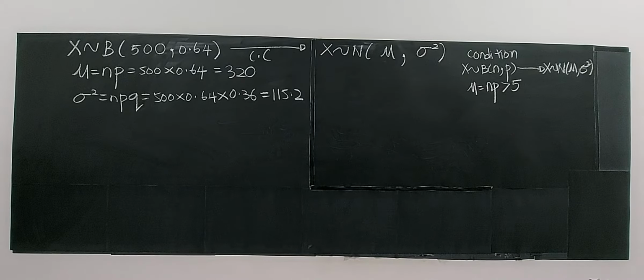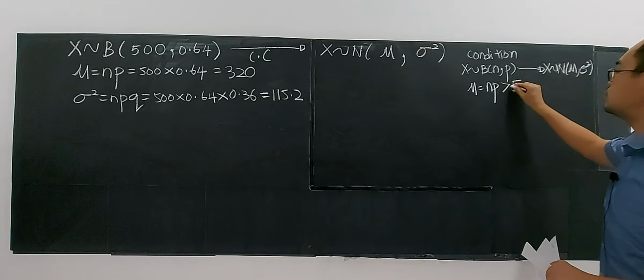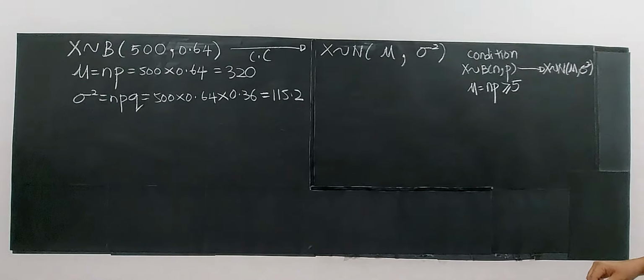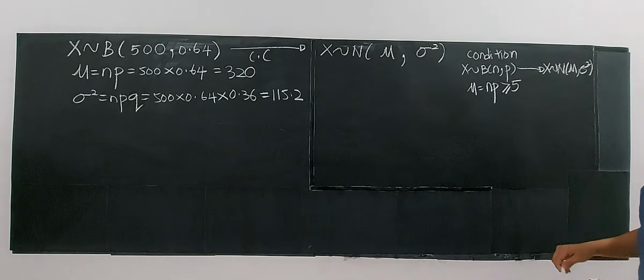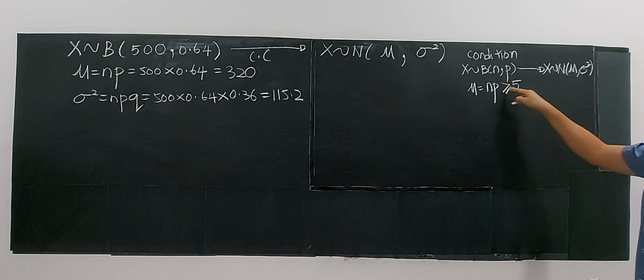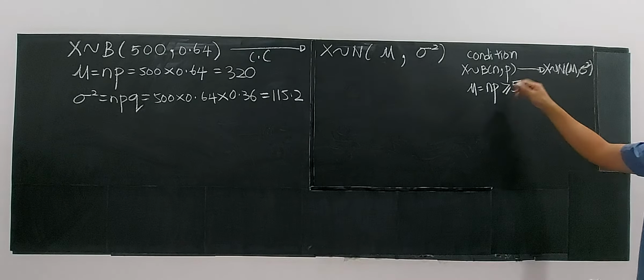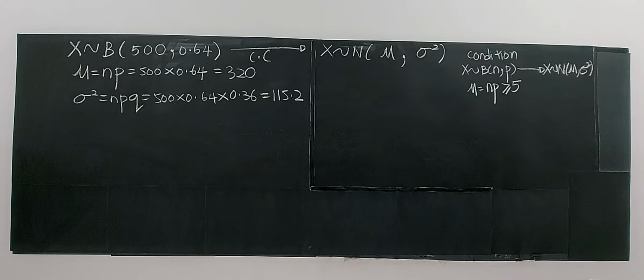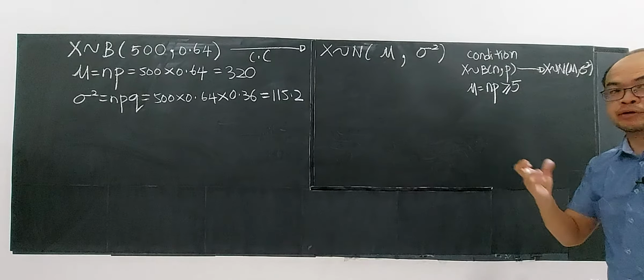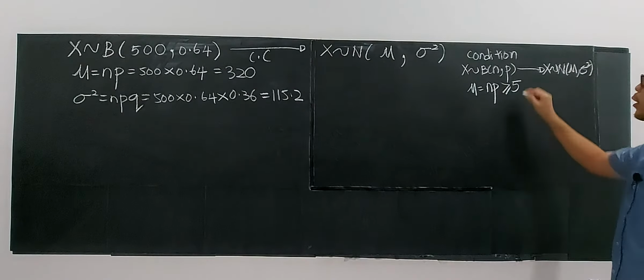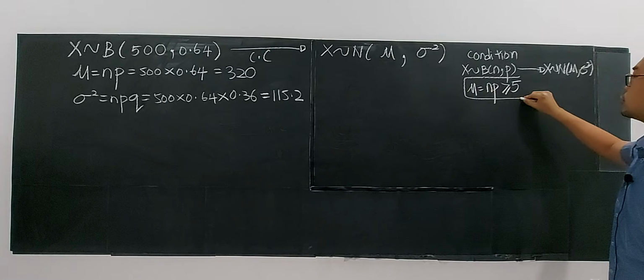It's not only greater than 5, it's a minimum of 5, so np is greater than or equal to 5. As long as the condition is np greater than or equal to 5, starting from 5, you can use approximation and it will be quite accurate. This is the one that you should know.